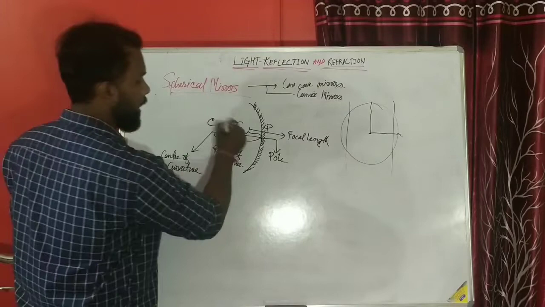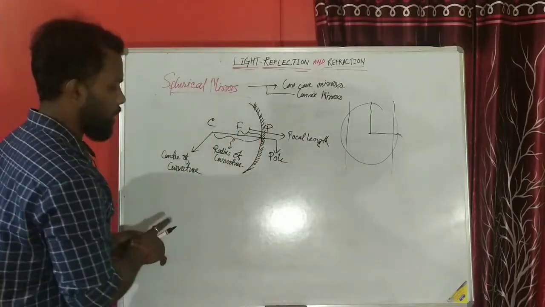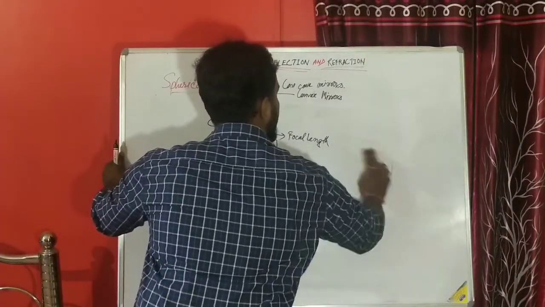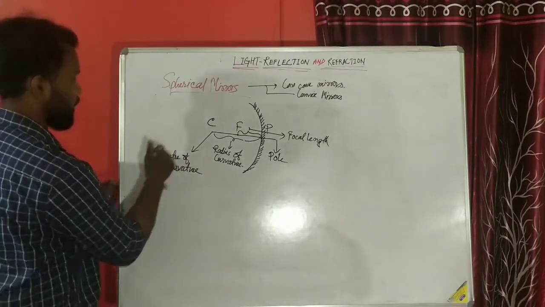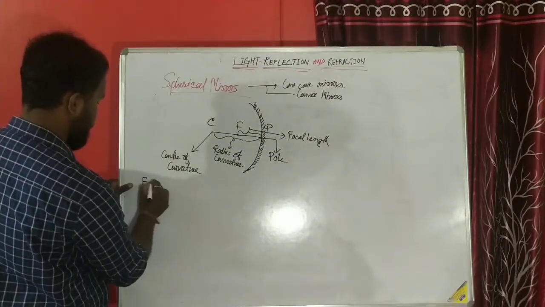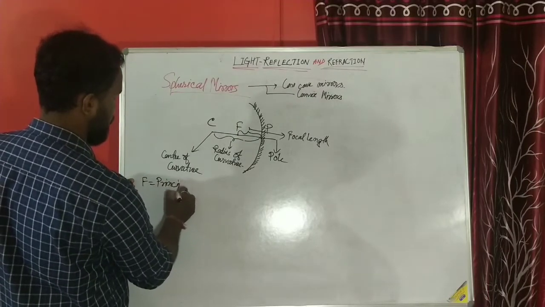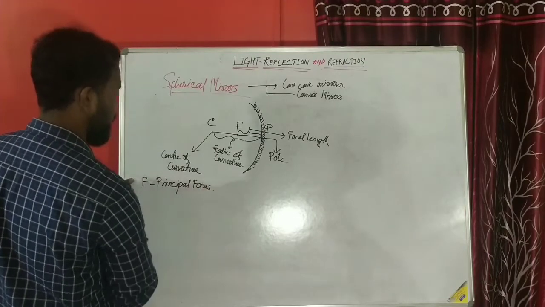And that F is known as the principal focus. I will write all these things down, it will be a little beneficial for you. See, that F is known as the principal focus.